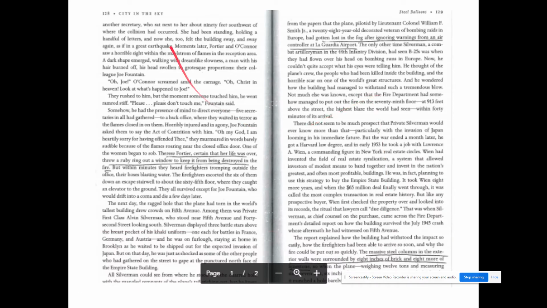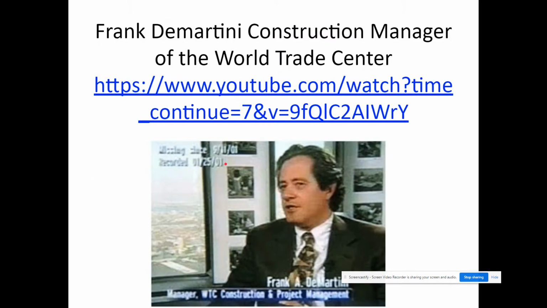If you were to take a look at the reading City in the Sky, combine that with Twin Towers and the 9/11 Commission report, which is the bulk of the information for this particular screencast here. Looking at this particular point here, it's simply just talking about somebody surviving the plane crash that happened to the Empire State Building.